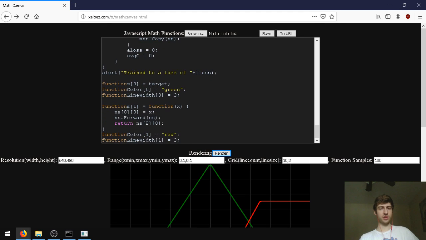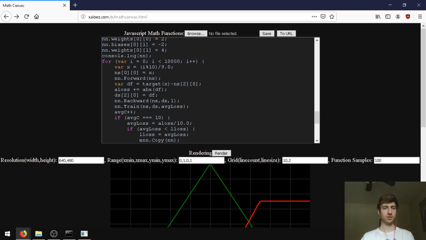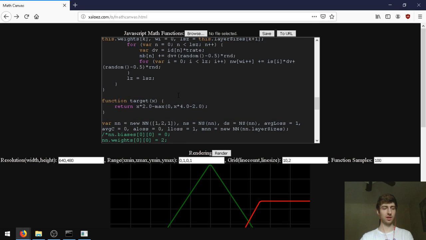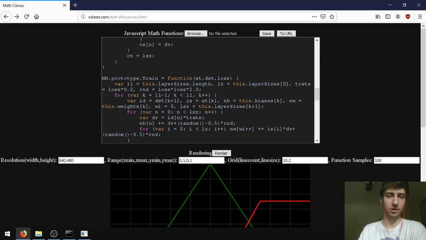So let me actually see what it's training to. Let me disable this and the code that's making it only train the output layer, and then let me test.